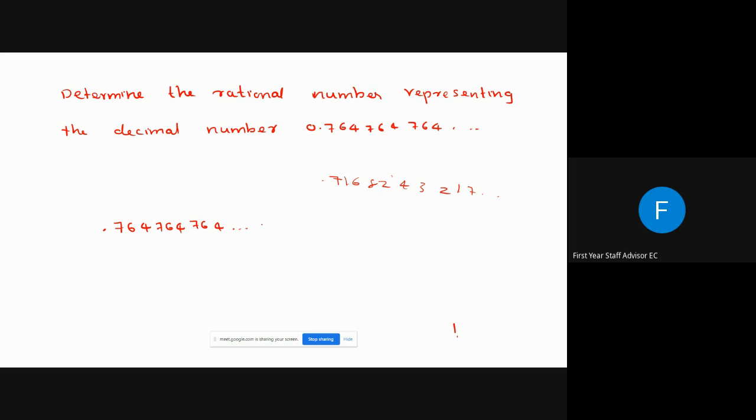We can write this as 764 divided by 10 raised to 3. Here 764 is repeated.